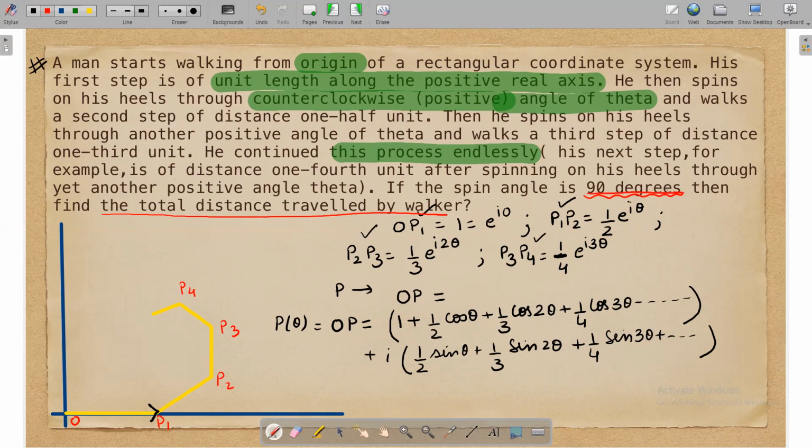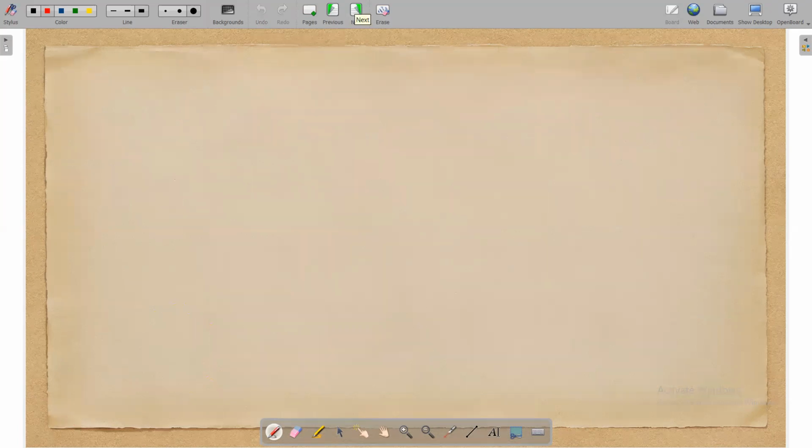So let's proceed. First of all, I'm going to represent this P theta in terms of sigma notation. I'm starting with the P theta and I'm going to write it in the sigma notation form.